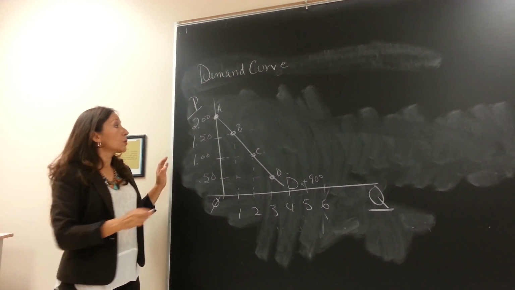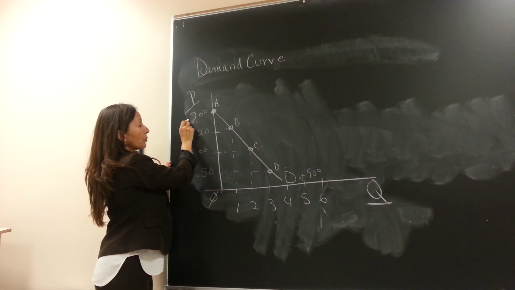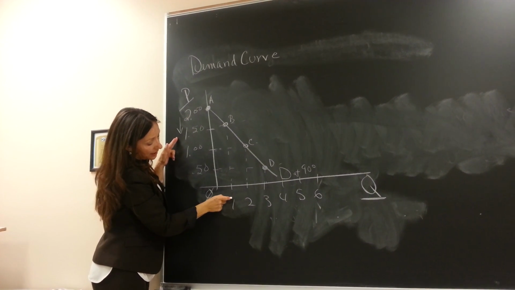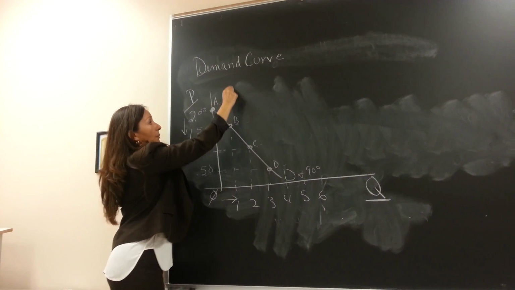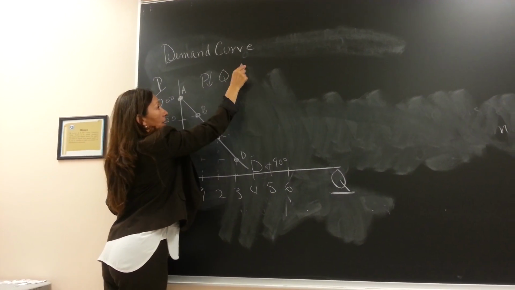Okay. So what we can see here is the effect of a price change. We know that if the price drops from $1.50 to $1, the quantity demanded is going to increase from 1 to 2. Okay, so if we drop the price, the quantity demanded is going to increase.